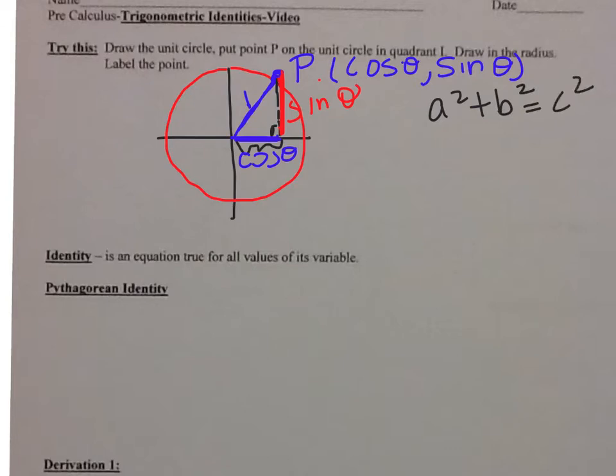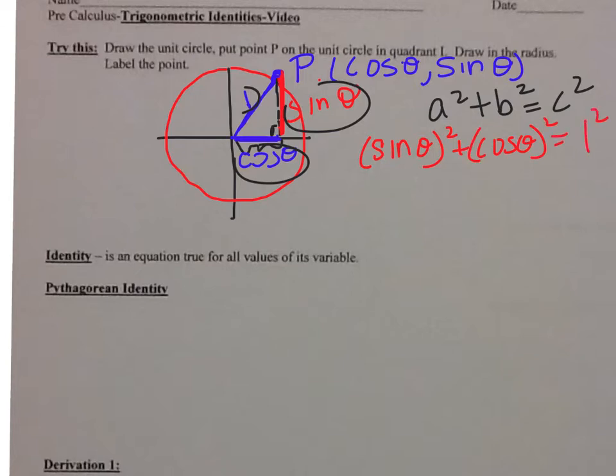So now plugging in my 1, my sine, and my cosine into the formula, I'll get sine theta squared plus cosine theta squared is equal to c squared, which is my radius squared. So sine theta squared would just be written as sine squared theta, plus cosine squared theta, written like that, is equal to 1.